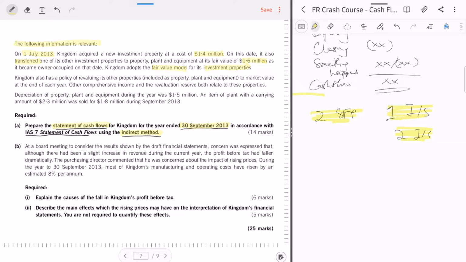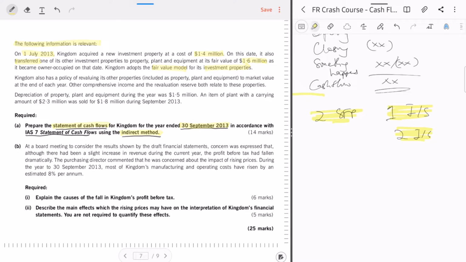That cost model is the same cost model under IAS 16 property, plant, and equipment. Model number 2 under subsequent measurement for this standard is that investment property can be carried at or measured at the fair value model. Under the fair value model, the investment property is revalued to its fair value measured under IFRS 13 fair value measurement.